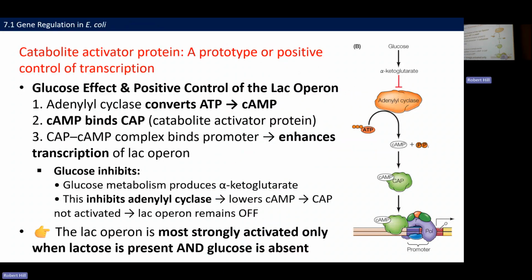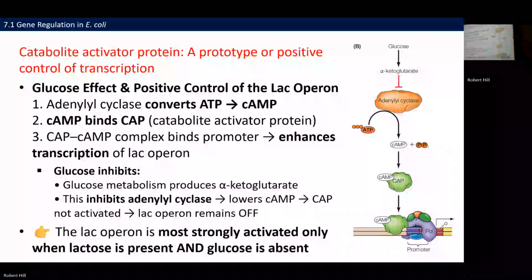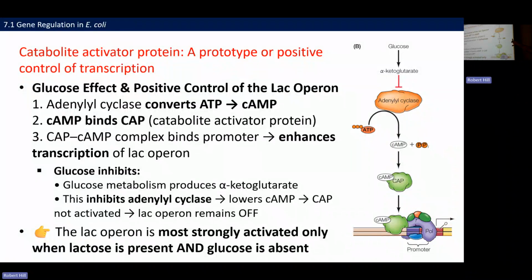In order to understand this, you have to understand the pathway that's involved in glucose metabolism in E. coli. Glucose is broken down and comes into the cell into an intermediate molecule called alpha-ketoglutarate. Alpha-ketoglutarate is a molecule that will inhibit a pathway that activates the promoter for transcription within the lac operon.